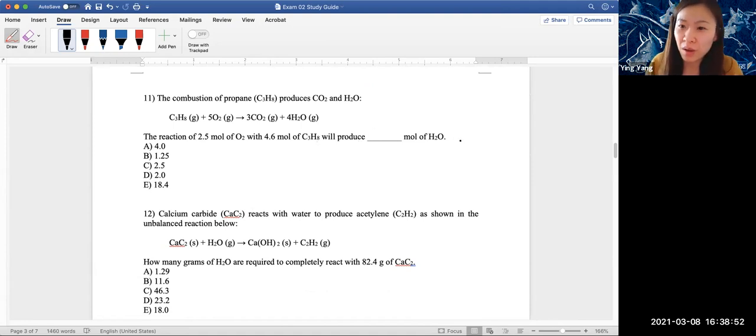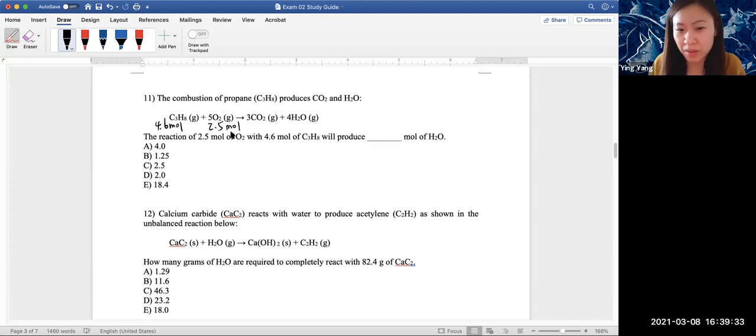This is similar to one of the homework questions. I'm surprised for that question, only 75% of you got it right. And this question here is actually more complicated, more difficult. So it gave you 2 pieces of information. You have 2.5 mole of oxygen, and you also have 4.6 mole of propane.